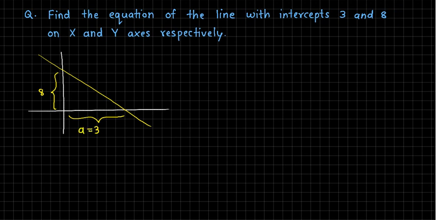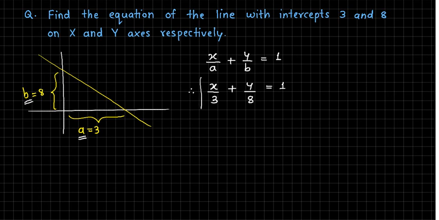Now, if you remember, we have a particular form that is called as a double intercept form of the equation of the line. So if small a is the x-intercept and small b is the y-intercept, then the equation of the line is given as x upon a plus y upon b is equal to 1. So clearly substituting the given values here, we have x upon 3 plus y upon 8 equal to 1.